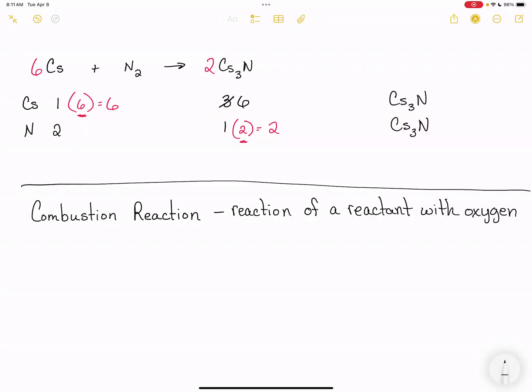The most common type of reactant that is used in a combustion reaction is going to frequently be a hydrocarbon, of hydrogen and carbon only.